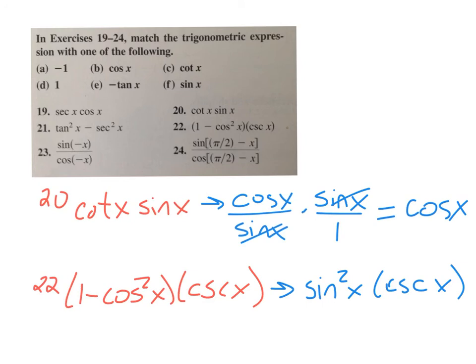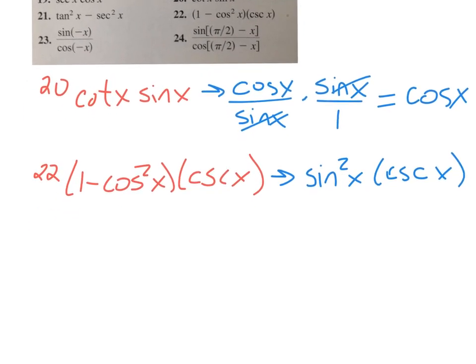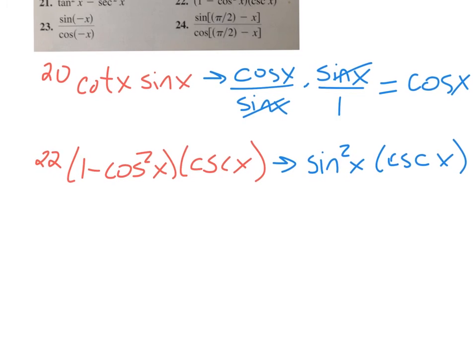Then cosecant is 1 over sine, so really what we have here is sine squared of x times 1 over sine of x.